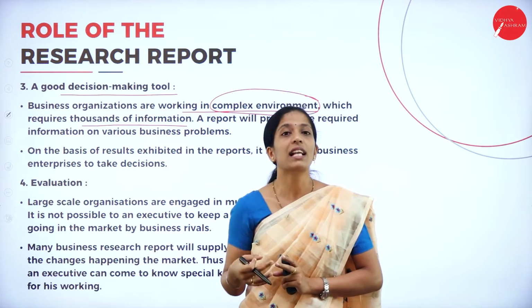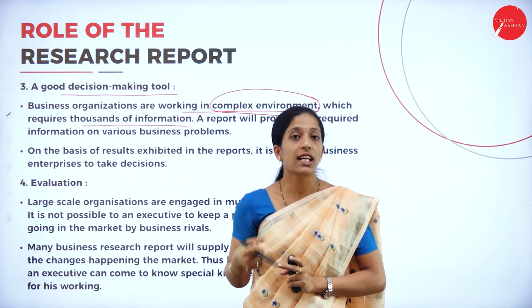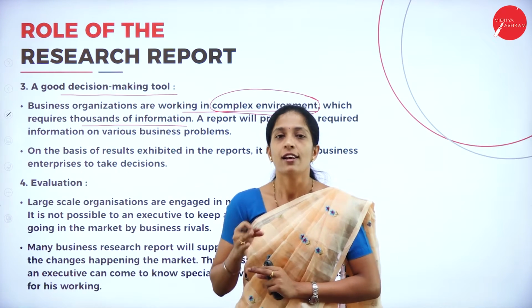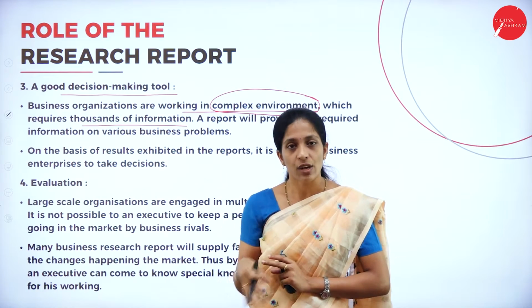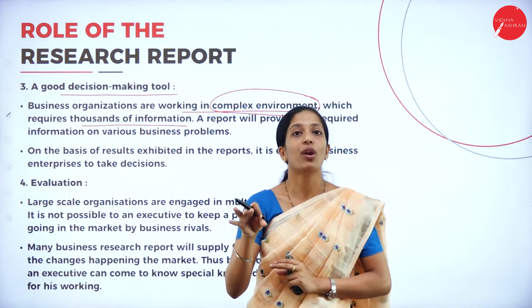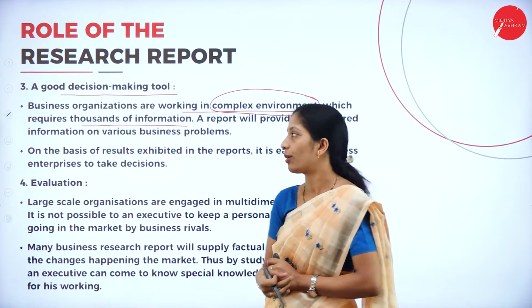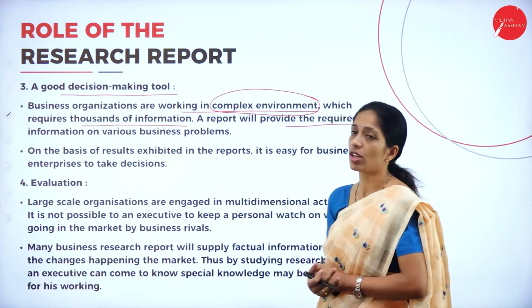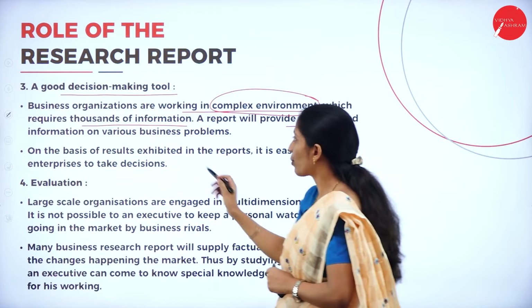They are all keeps on fluctuating. Each and every day, everything is getting updated. So here the business is revolving around a complex environment. A report will provide the required information on various business problems.